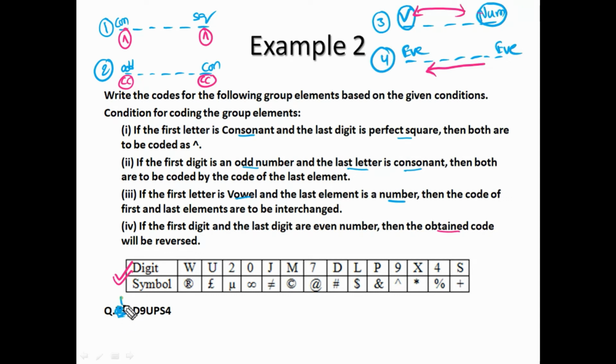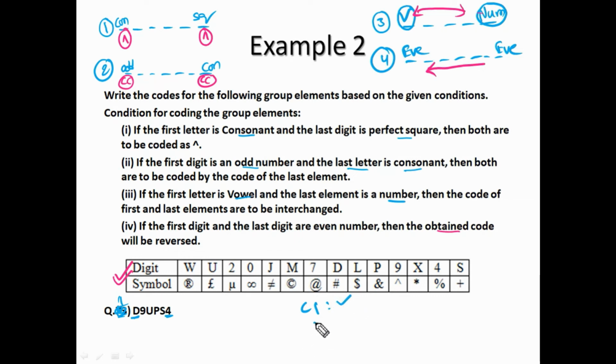Let us take question number 1 here in the second example. It's a previous exam question. Condition 1: first is a consonant and last is a square number. Yes, it is following perfectly.